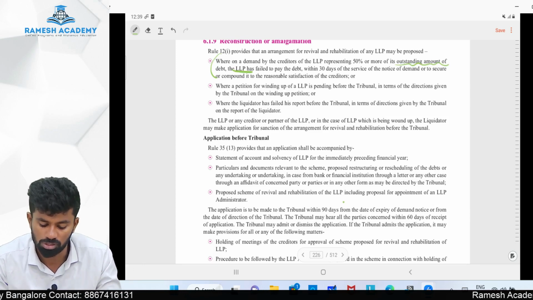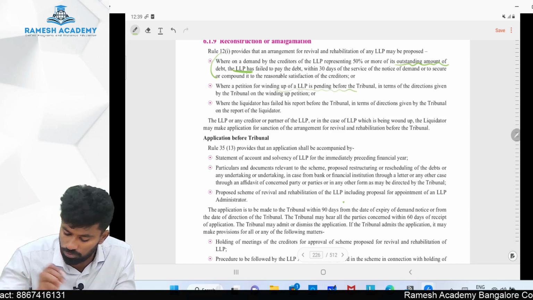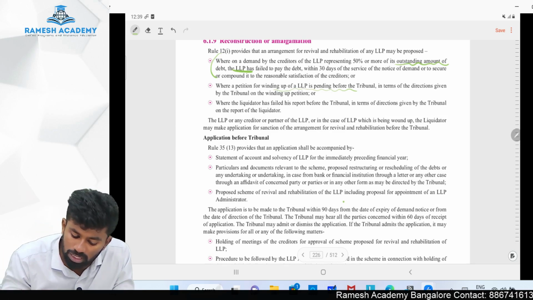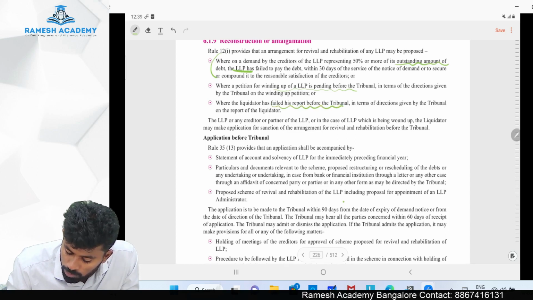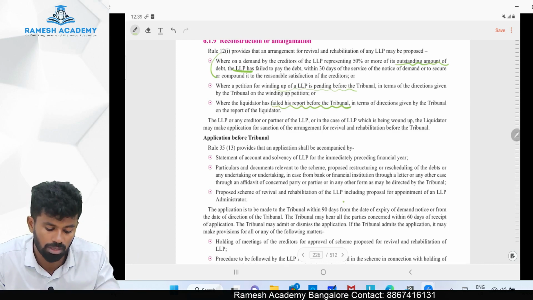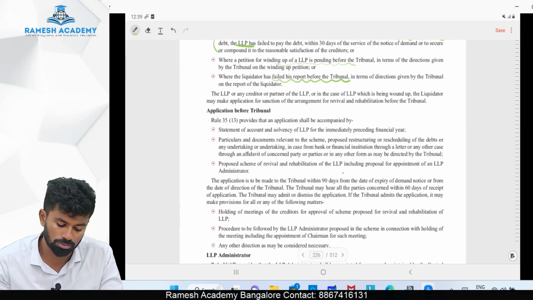Or where a petition for winding up of the LLP is pending before the tribunal, or where the liquidator has failed to report before the tribunal in terms of directions given by the tribunal. What can be done? There can be an application for reconstruction or amalgamation.